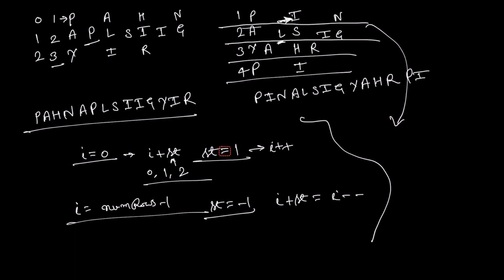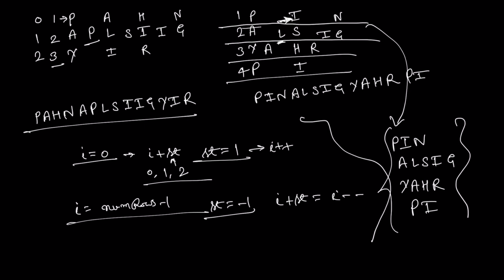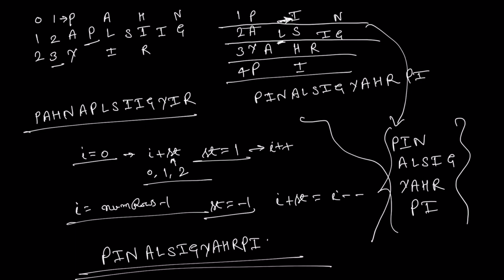I will take numRows number of lists. Here it is 4, so I will take 4 lists. In the first list it will be PIN, the second list ALSIG, the third list YAHR, and in the last list PI. Finally I will join all the lists. So the final output will be PIN, ALSIG, YAHR, and PI. So this is my final output.